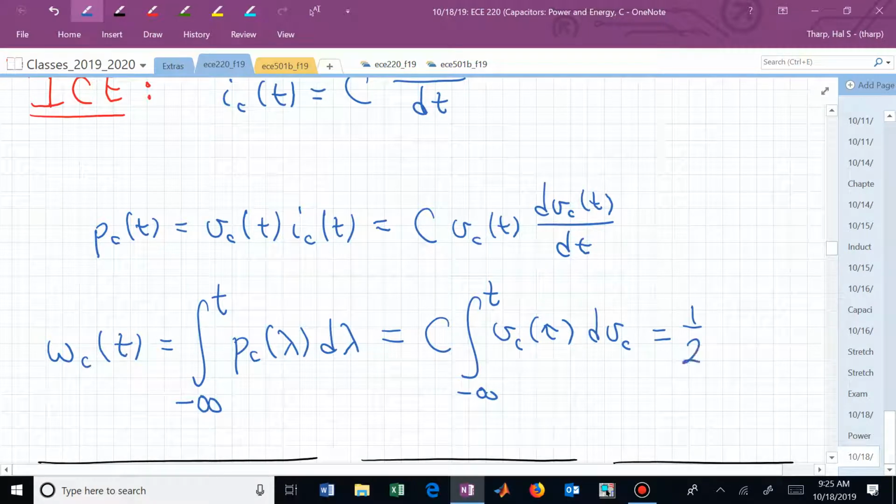We now see that the energy of a capacitor is dual to what we saw the energy was in an inductor. The inductor was 1/2 L I squared. The capacitor is 1/2 C V sub C squared.